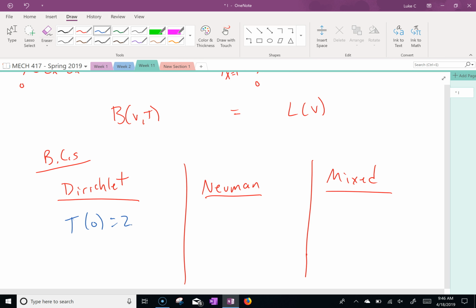Okay? What about Neumann? What do you think a Neumann is? Boundary condition. Okay. Or from calc 1, the derivative. So like negative k dT/dx could be q. Probably doing this in heat transfer, maybe, I hope. And what do you think mixed is? When you have a derivative and numbers.